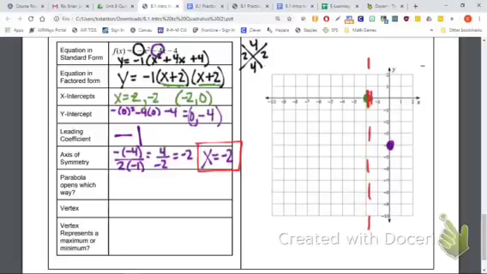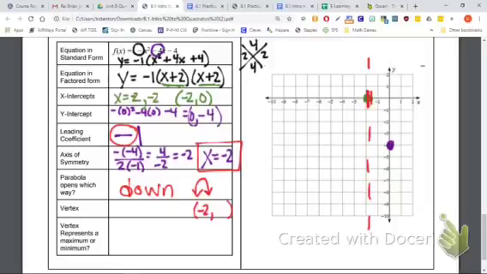Okay. Which way is this parabola going to open? Again, let's look at our leading coefficient. Our leading coefficient here is negative. Negative means that it's going to open down. Okay? So it's going to take the shape of this. Now let's go back and find the rest of our vertex. We know we have the first part of negative 2. We don't know the second part. So we're going to go ahead and plug that negative 2 into the problem.